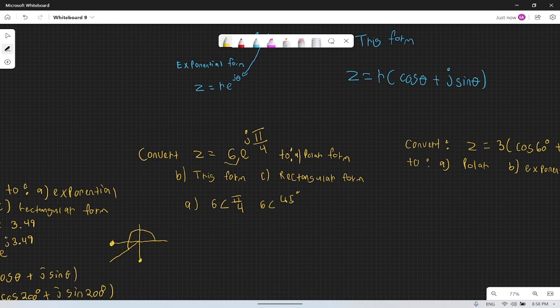Yeah, sorry, that's 45 degrees. So either of these answers is fine. If it doesn't specify, then I would just do the radians, but if it says to have it in degrees, then have it in degrees.